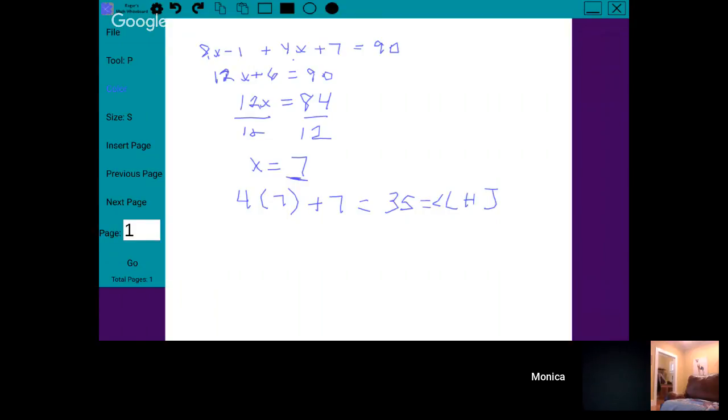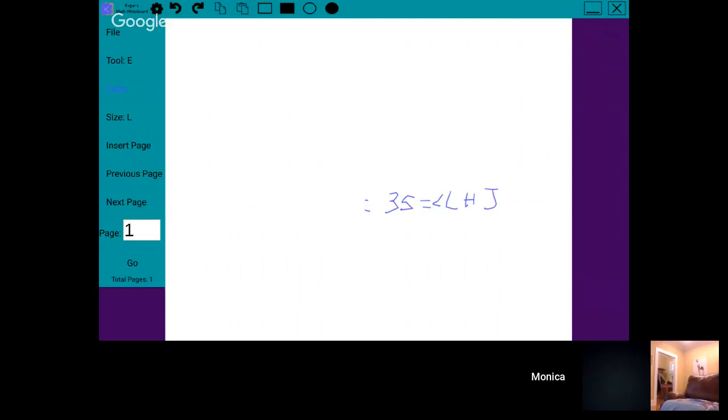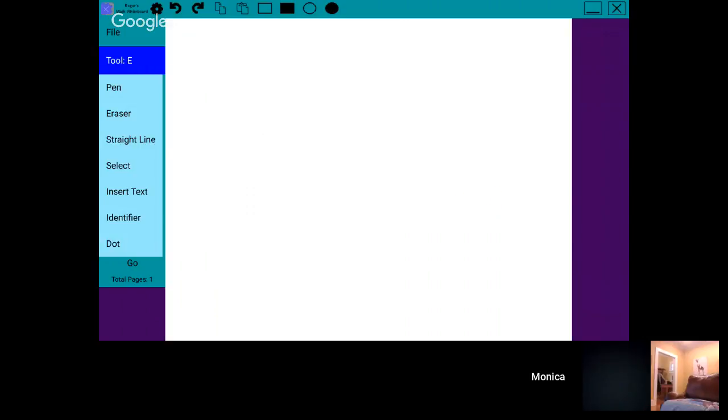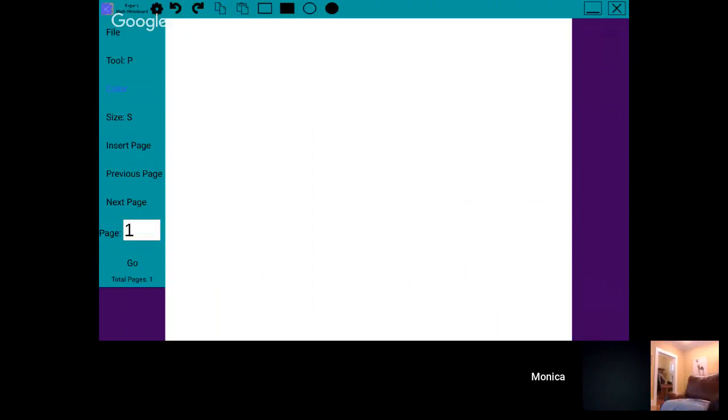Okay. So for 16, it says, oh, there we go, that erases much better. The measure of QRT is 154 degrees, and RS bisects QRT.